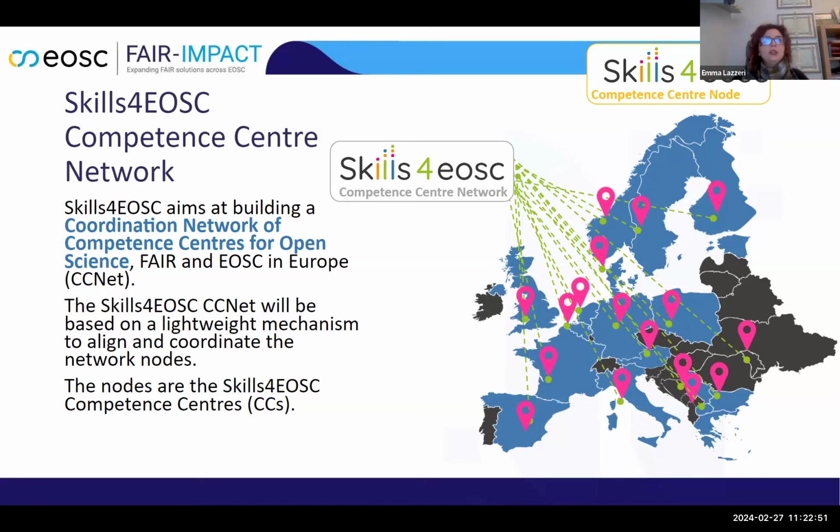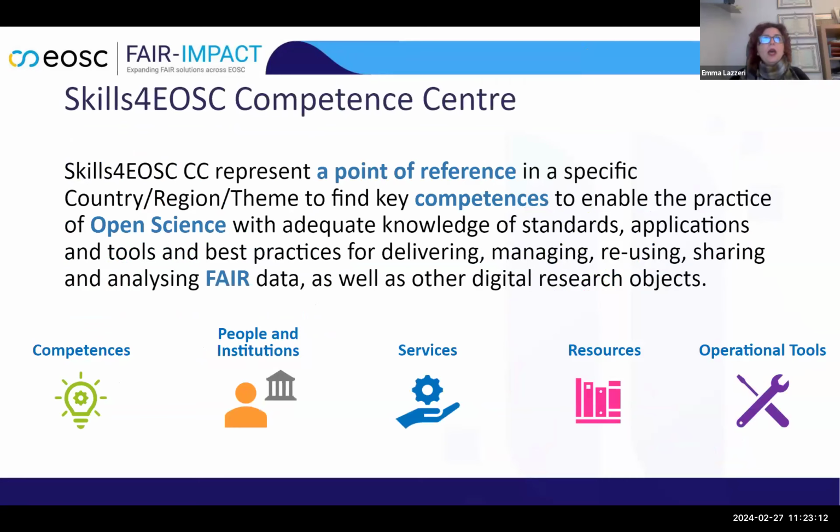The coordination network that we will launch next June, so in a couple of months, will be based on a very lightweight mechanism that has the aim to align and coordinate the network nodes, so the various competence centers that we are onboarding in the Skills for IOSC network. The Skills for IOSC Competence Center is a possible point of reference in a specific country, region, or theme, where you can find the key competencies.